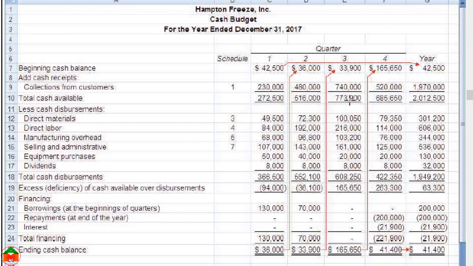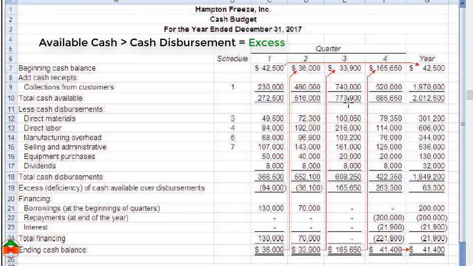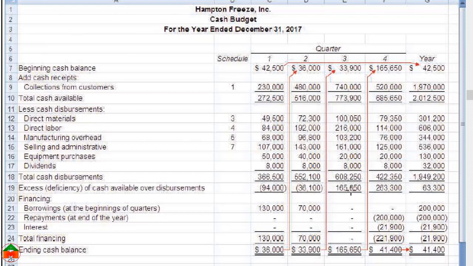So our cash availability is 773,900 and our cash disbursement is 608,250. Here we can see our disbursement is lower than the cash availability. That means there would be an excess of cash. I am repeating, our cash availability is higher than the cash payment or cash disbursement. That's why there would be an excess of cash.